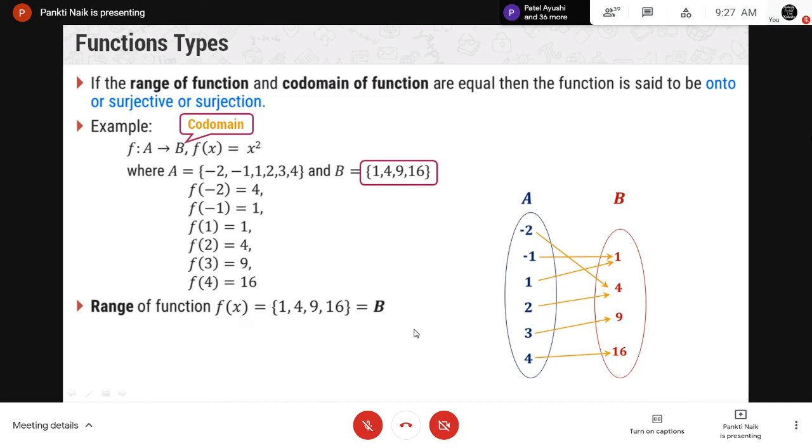So this type of function is said to be onto, or surjective, or a surjection. This type of function is known as a surjective function.